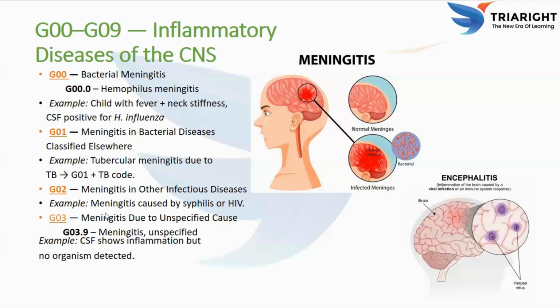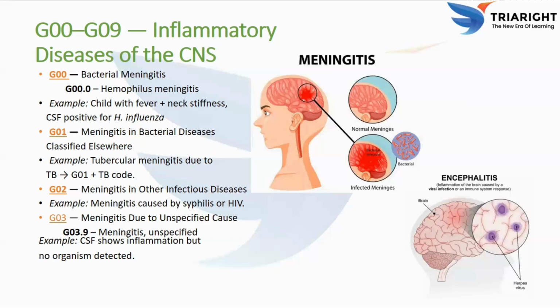Next, coming to G02. It is meningitis in other infectious diseases. It's nothing but meningitis caused by infections other than bacteria. G00 and G01 are about bacteria. Coming to G02, it is other than bacteria. For example, syphilis causing meningitis, HIV related meningitis.